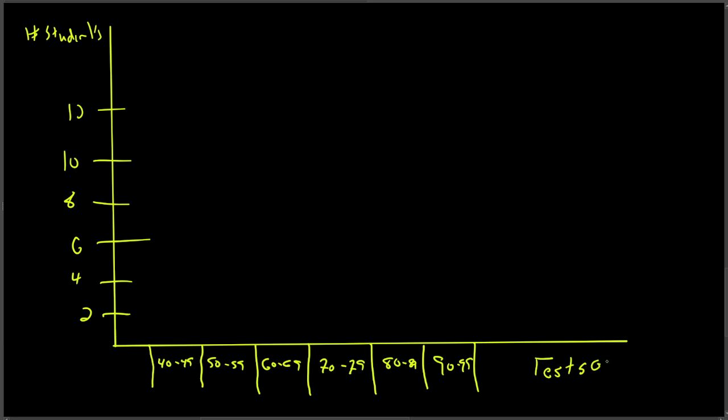And a histogram has no gap like the bar graph did. And so let's see, one student scored low here. So we have a bar that counts 1 in this category of test score. And then 3 students scored here. So this goes up to here. And then we had 2 students score here.